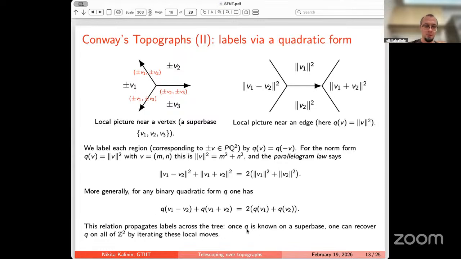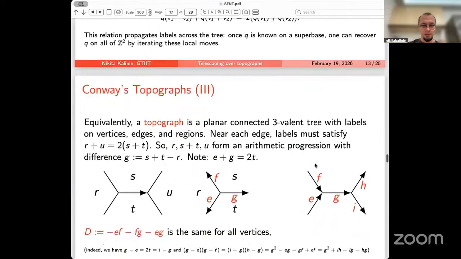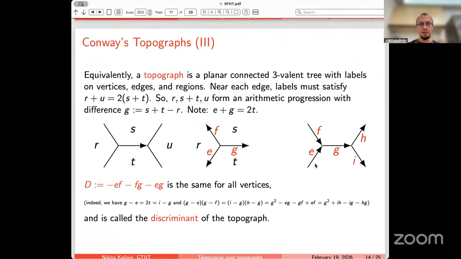Once we know the values of the quadratic form on a superbase, three vectors with sum 0 such that every pair of them gives you a basis, then we know the quadratic form on all the regions. So that gives you a way to define a topograph starting from this.